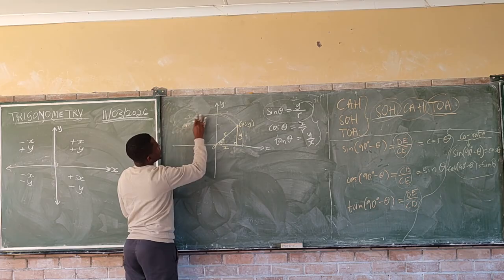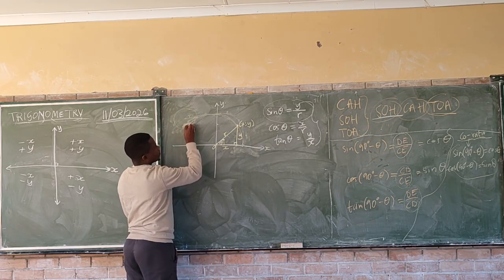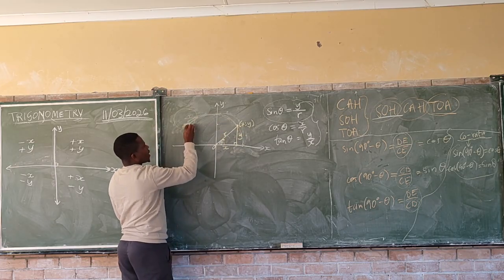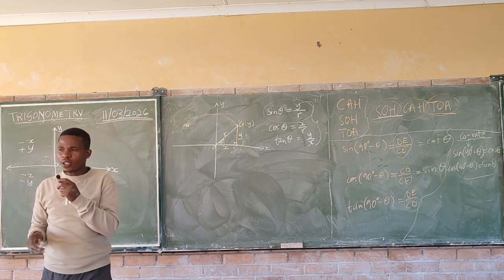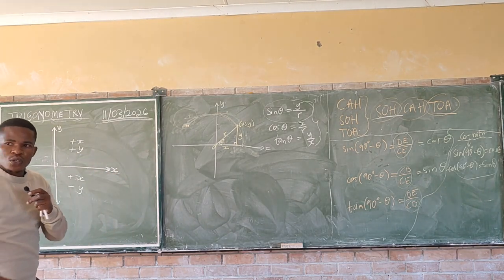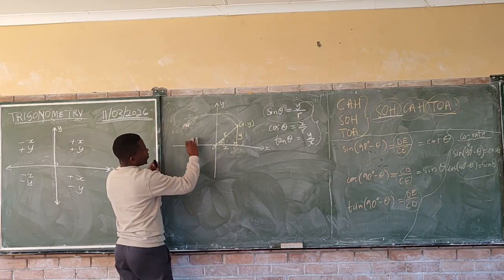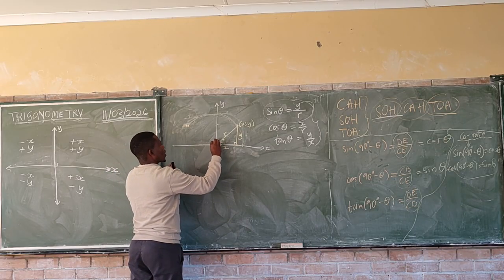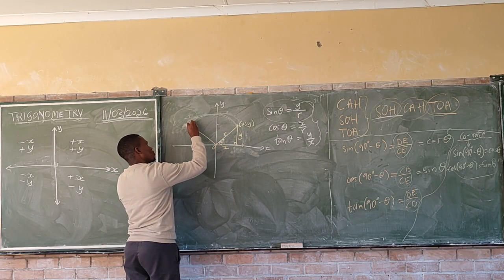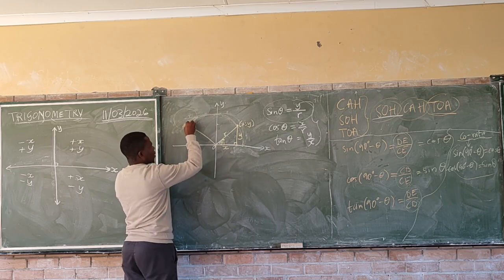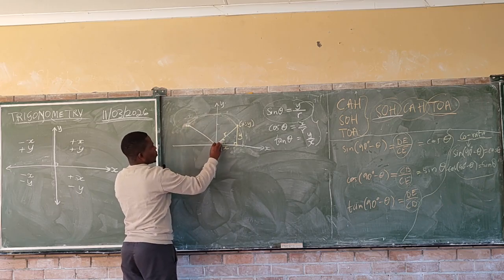It can rotate again to come to this quadrant. So this will be quarter number 2, which is named quadrant 2.